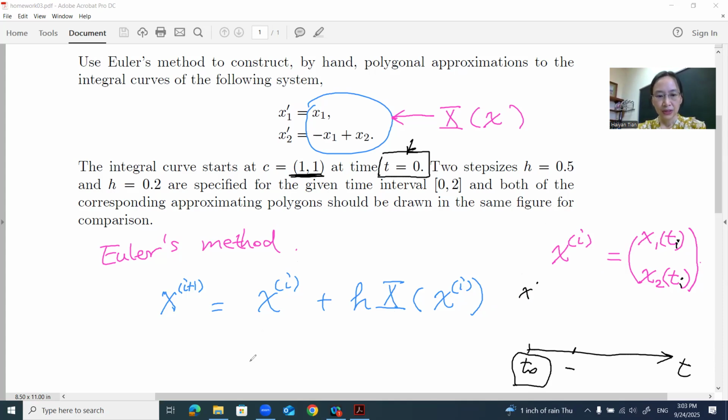So the explanation for this notation is that x superscript i is the solution vector evaluated at t sub i. That also means each component of the solution vector at t sub i.